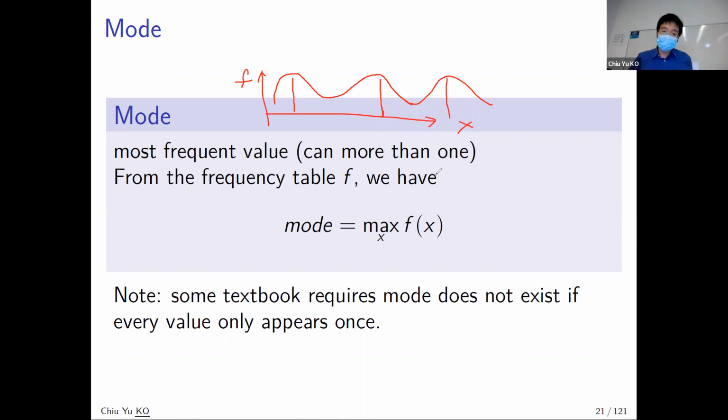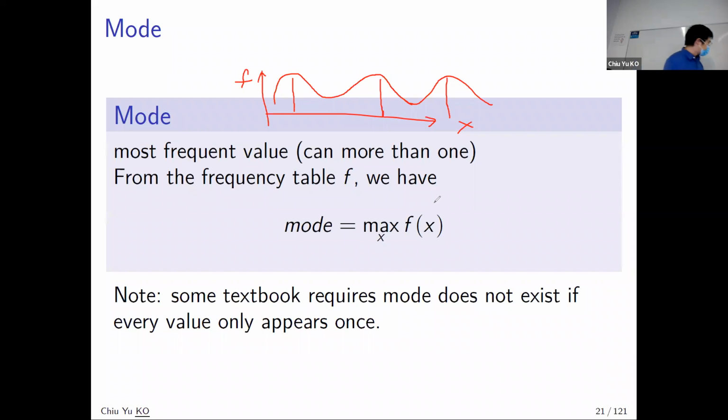Another issue is that in most textbooks, if every data point only has a frequency of 1, many textbooks would say there's no mode. For our purpose, we make our life easier. Even if it only appears once, we say everything is a mode.